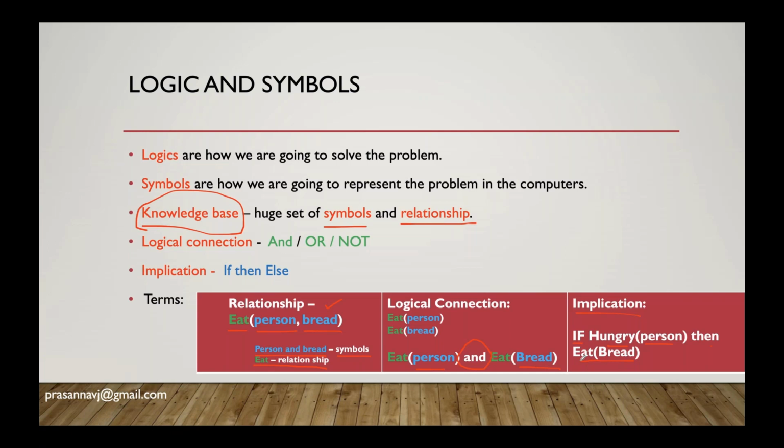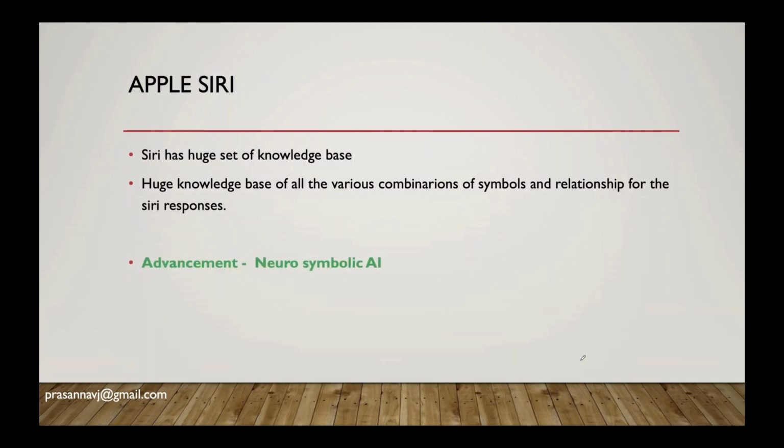What we are talking about is a real world human representation. So where is it being used? We were all aware that Apple uses Siri. In the initial days, Siri used symbolic AI for knowledge, understanding, and representation. Now they have moved on to larger deep learning based NLP models.